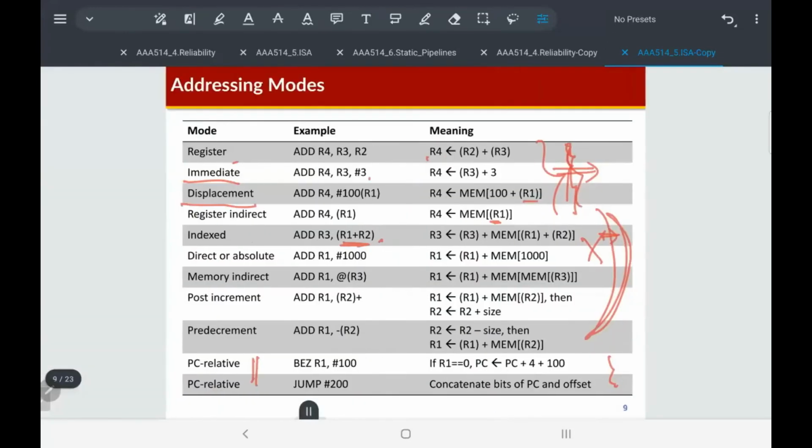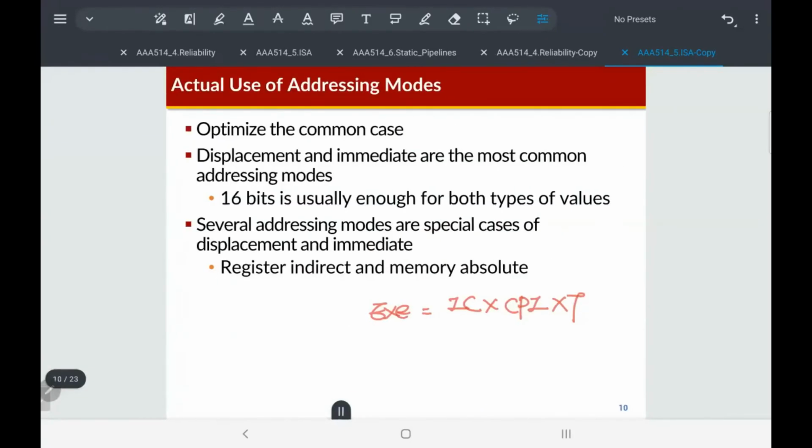So if the RISC type ISA does not support the complex addressing modes, and they should be implemented using multiple instructions, then the instruction count may be increased compared to the CISC type ISA.